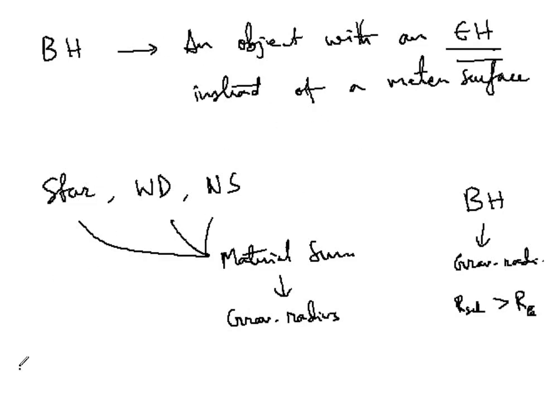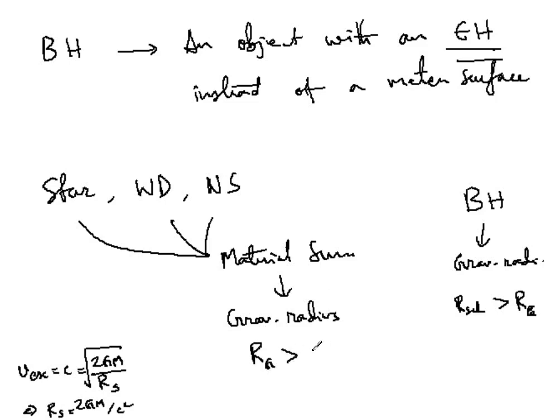Basically, let me put v escape equal to c equal to root over 2GM by R Schwarzschild, and this gives me R Schwarzschild equal to 2GM by c square. Okay, now you see, for all these cases this gravitational radius is much bigger than your Schwarzschild radius. However, for this case it is the opposite, and you must remember this.